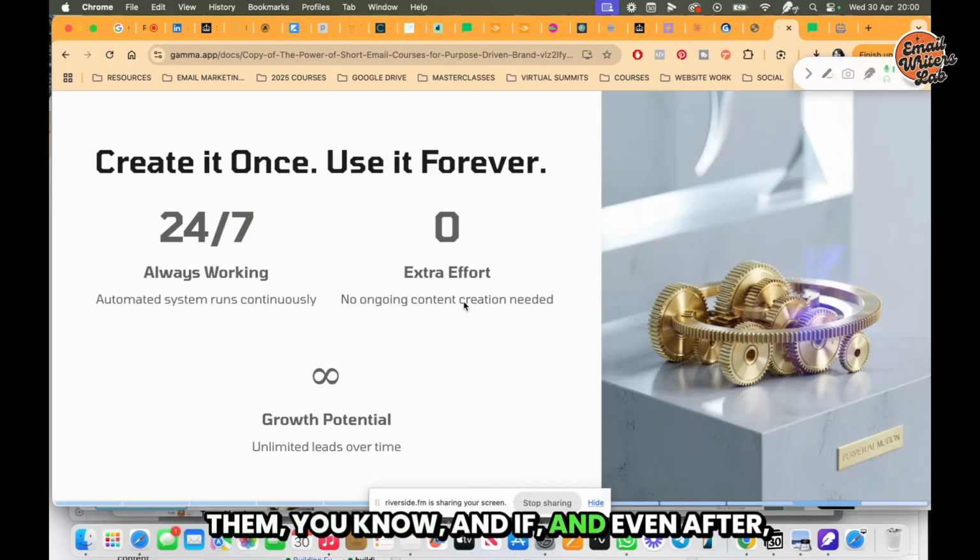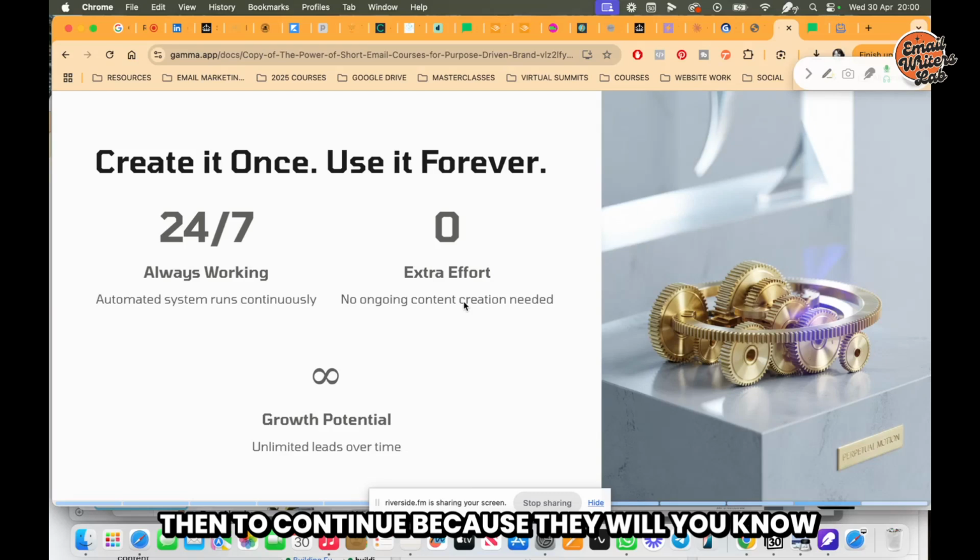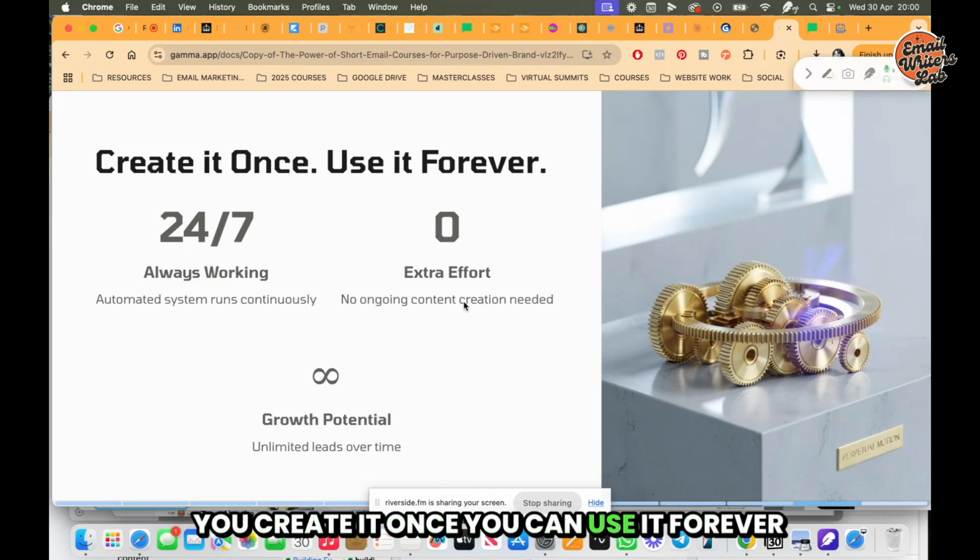Even if they don't take the offer that first time, you still have them on your list to continue to nurture them and give them value. Some might stay for a week and buy from you immediately. Some might wait a few weeks before they buy from you, but they're on your list and they are now qualified prospects. So this is the wonderful thing about it. If you create it once, you can use it forever.